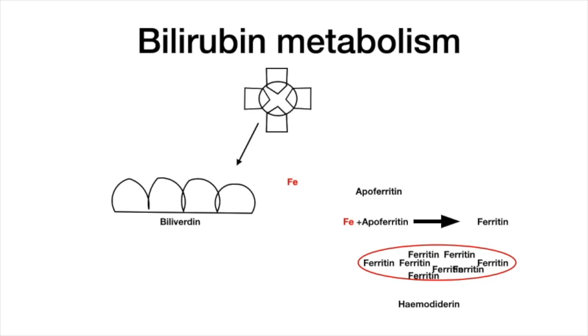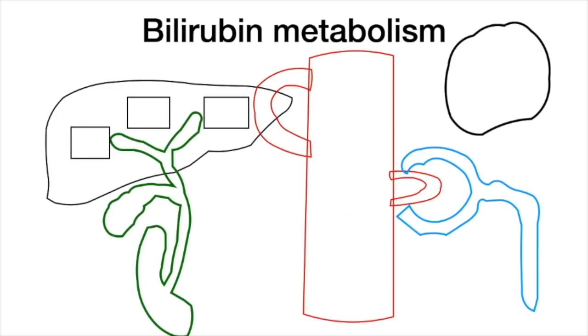This is the initial form of bilirubin, and biliverdin is converted into bilirubin. Let us see the enzymes involved in this process. Protoporphyrin is converted to biliverdin with the help of the enzyme heme oxygenase, and biliverdin is converted into bilirubin with the help of biliverdin reductase. So we saw how hemoglobin is formed and how it is metabolized in our body, and the formation of bilirubin.